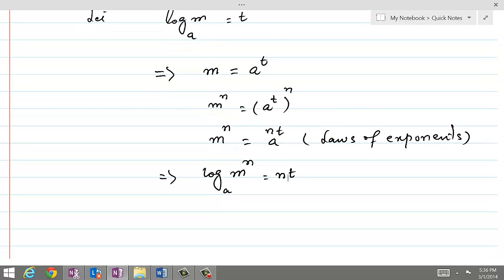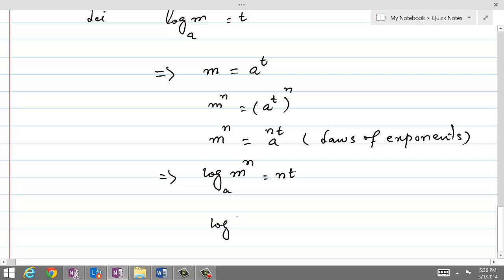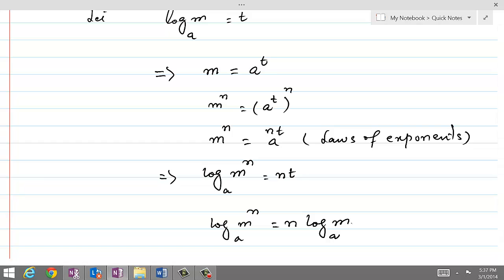We have log of m power n base a is equal to n, and instead of t, we are going to place log of m base a. See, in all these three cases, we just proved these laws by using laws of exponents.